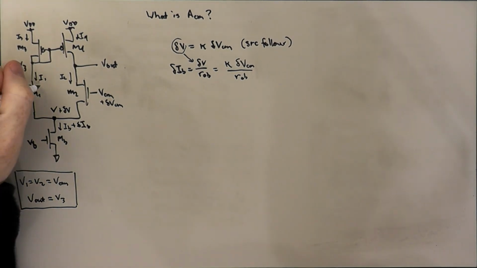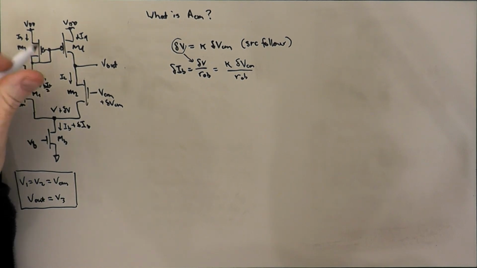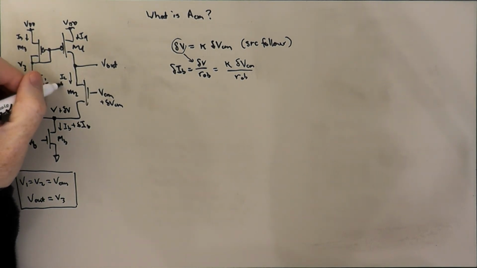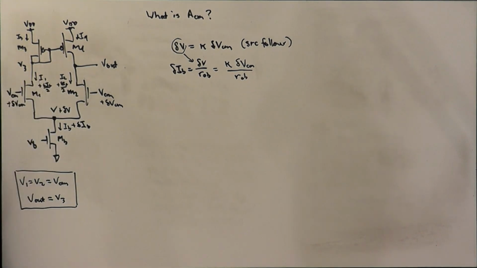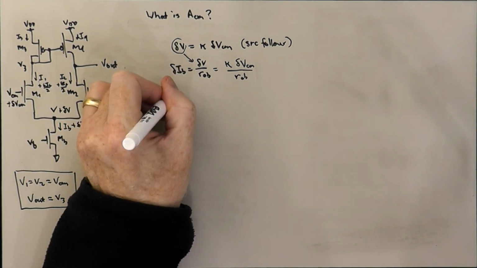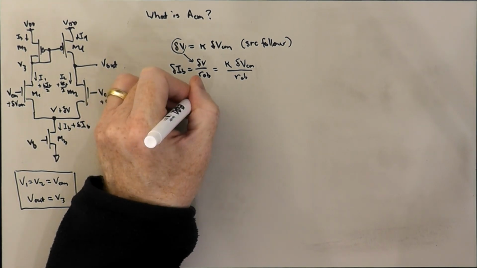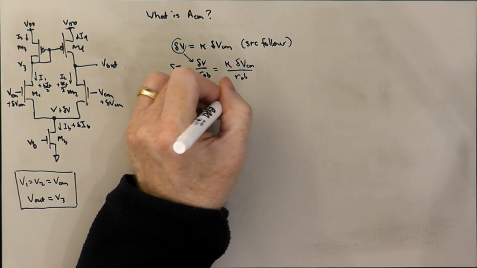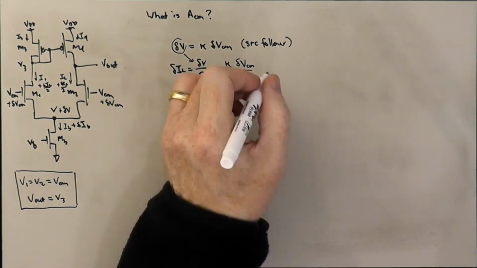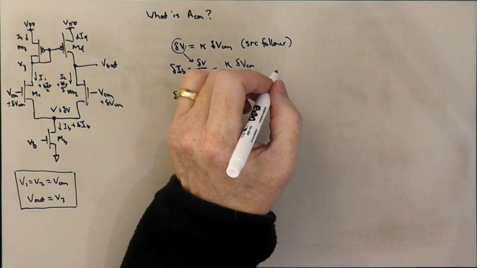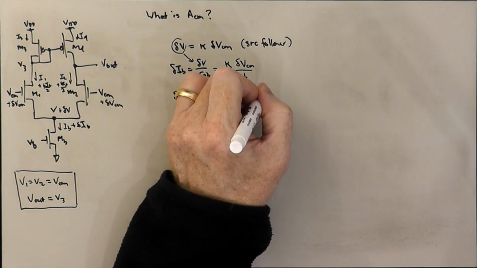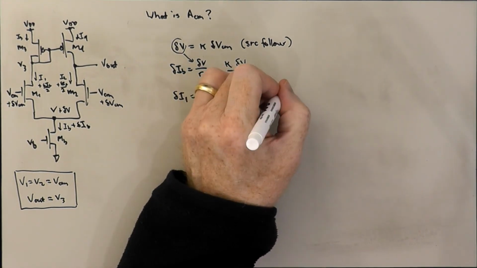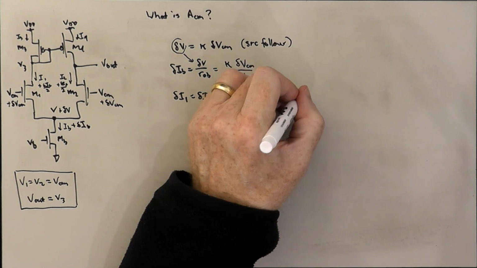And so we're going to get a plus delta IB over 2 increase here, and a plus delta IB over 2 increase there. And so delta I1 equals delta I2 equals 1/2 of delta IB. And so that's going to have to be equal to kappa over 2 times delta VCM over ROB.